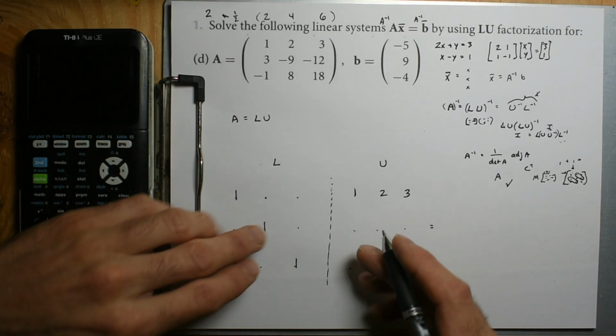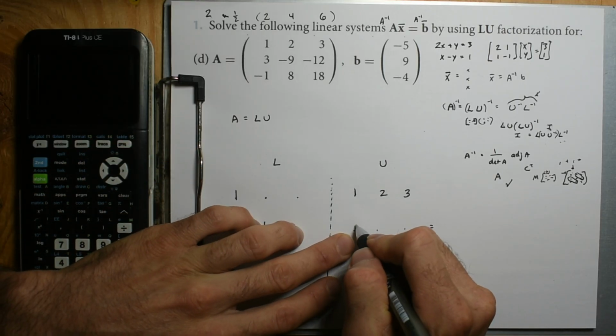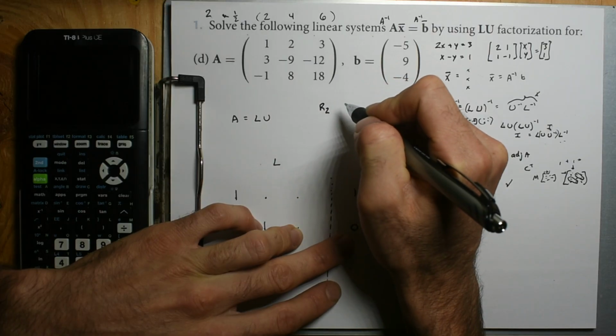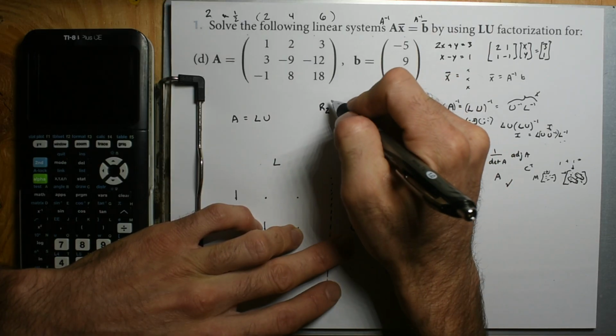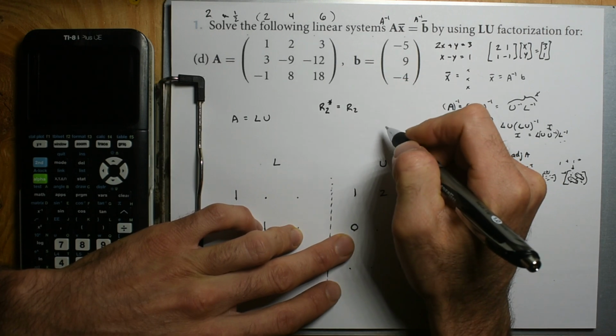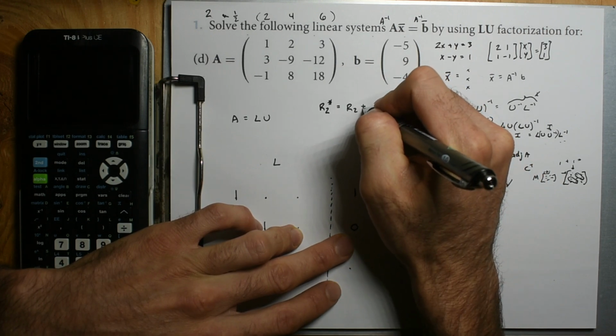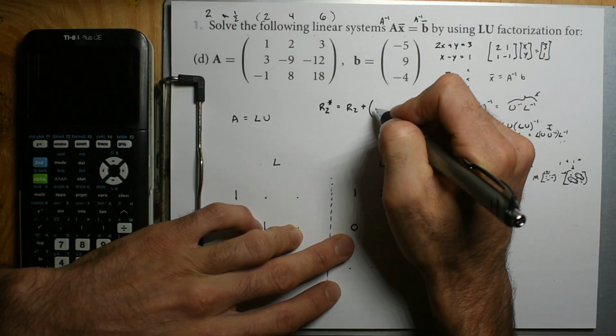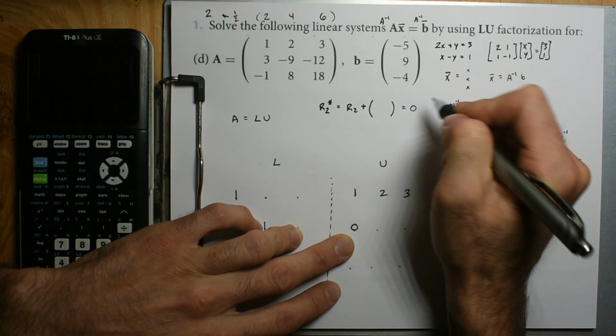Booyah. And we're going to modify the second row to get a 0 here. And so I will do this. So row 2, the new row 2 is going to be taking those row 2 values, and then I want to add. I always add, but we're going to add probably the opposite, because we need to get 0.